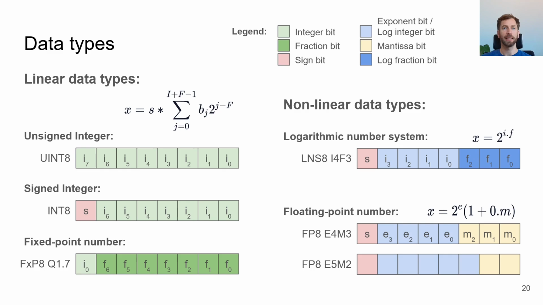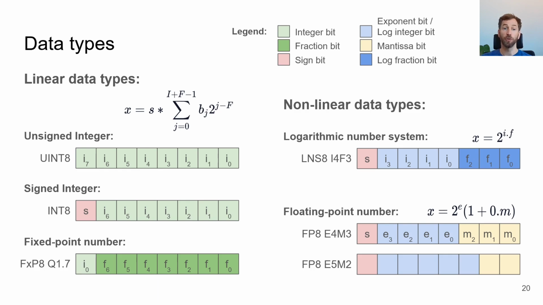Let's discuss data types in detail. There are two classes of data types, linear and nonlinear data types. Examples for linear data types are unsigned integers, which are composed of integer bits, signed integers, and fixed point numbers, which are composed of integer and fraction bits. An example for nonlinear data types is the logarithmic number system. Here we put a fixed point number into the exponent of 2.